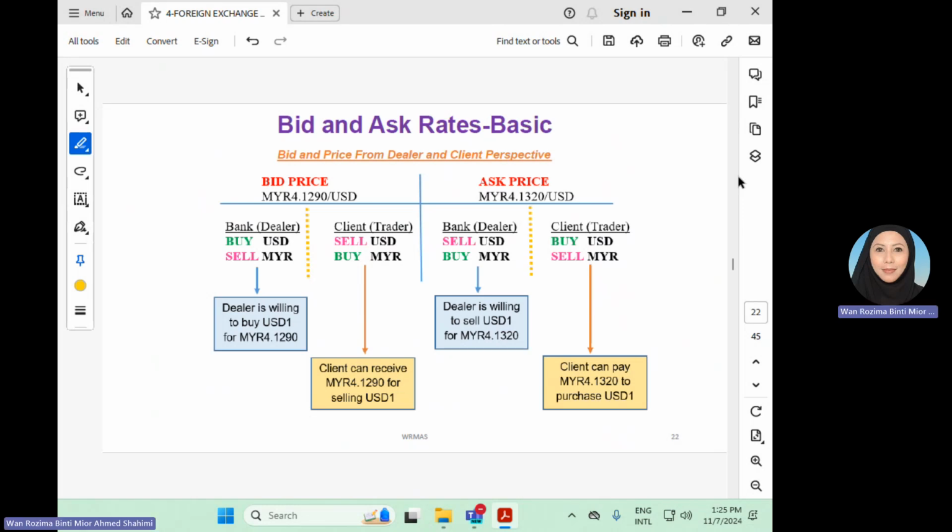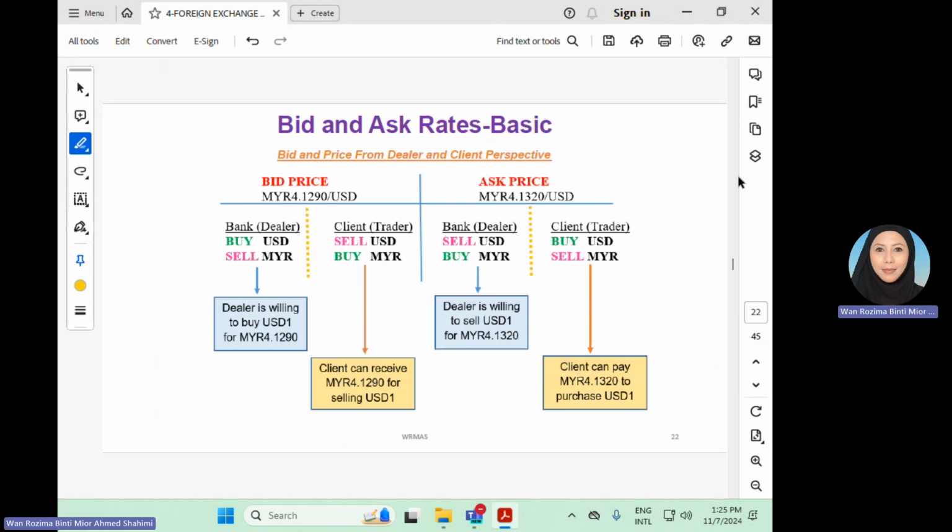If you just take 1 divided by 4.1290 and call it the bid price for USD, and 1 divided by 4.1320 and call it the ask price from the perspective of USD, that is wrong.